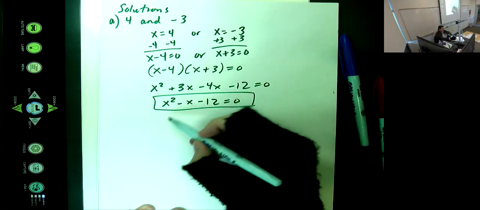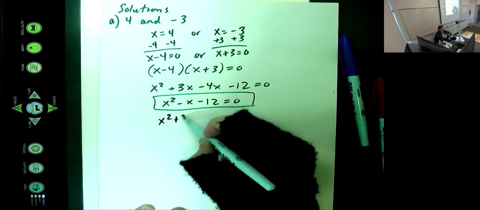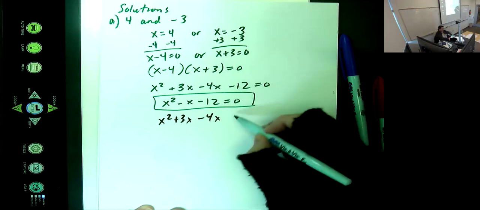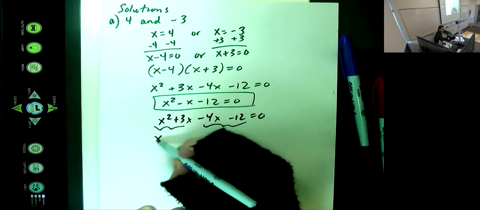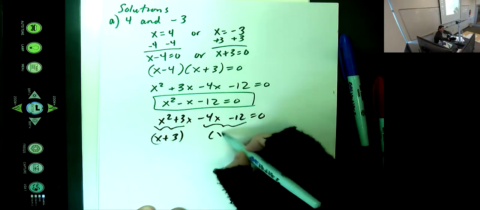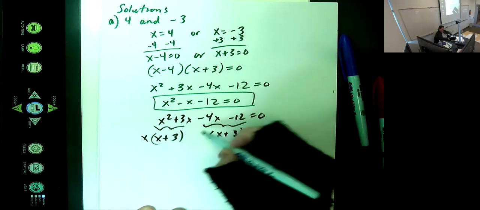Like if you did it by grouping, you would see this is 3x and -4x. We factor. We got x plus 3, we want x plus 3 here. x and -4.